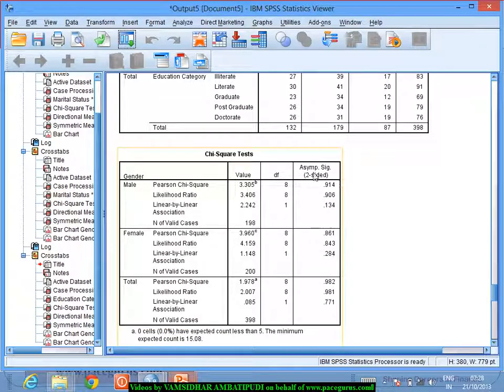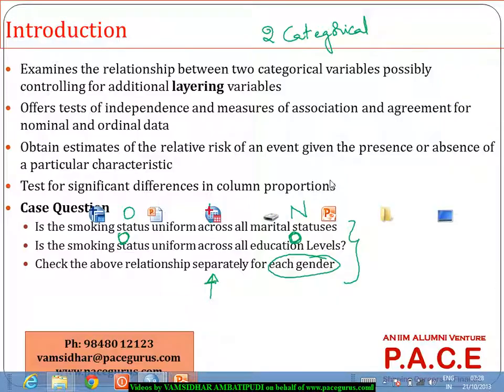What we are seeing is for males, the significance level is 0.91, much greater than 0.05. So there is no evidence for me to say that the smoking levels differ across the education levels. Smoking levels are more or less uniform across the various education levels. So probably I could make a conclusion here.